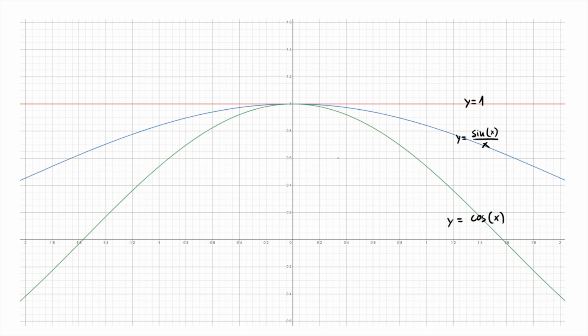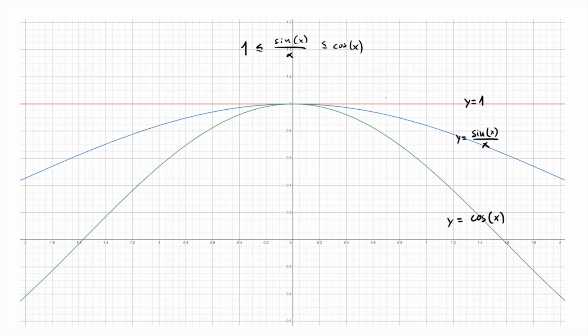So we can indirectly find the limit of our middle function by ensuring that it's squeezed in between two other functions, and we write that mathematically with our inequality, right? We wrote 1 is less than or equal to, or maybe greater than or equal to, it doesn't really matter, sine x over x, which is less than or equal to cosine x.